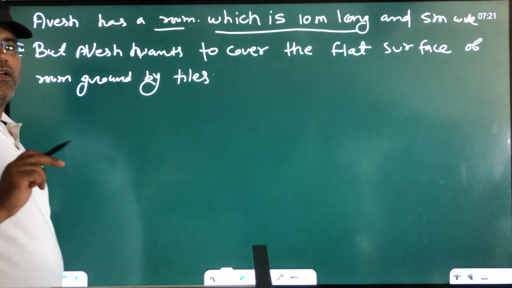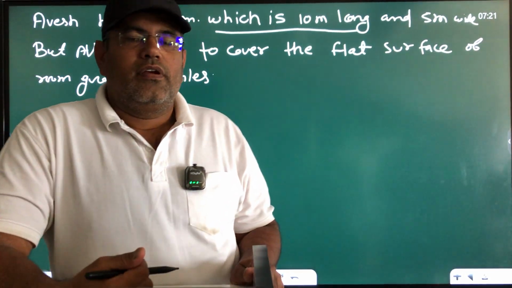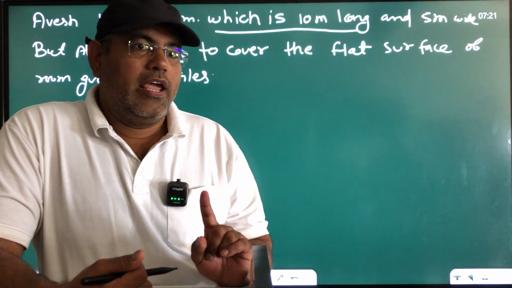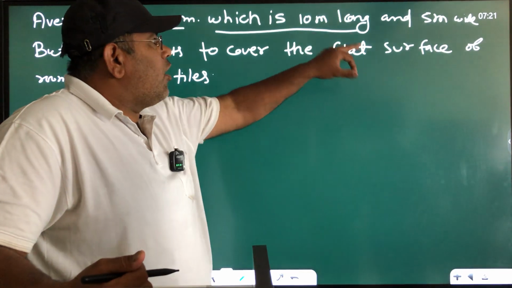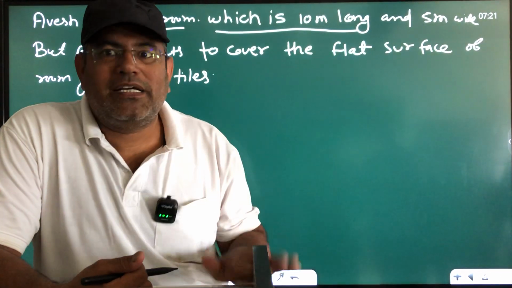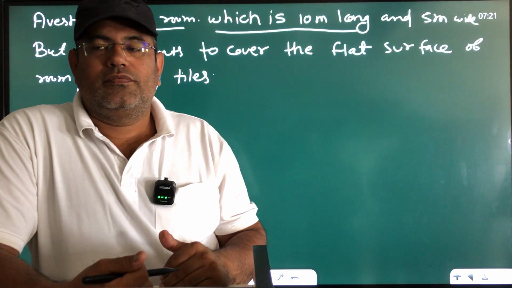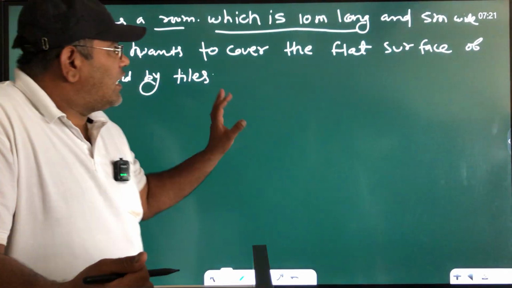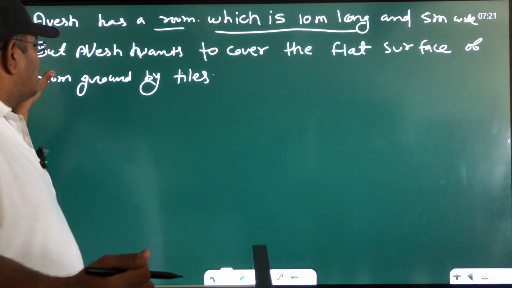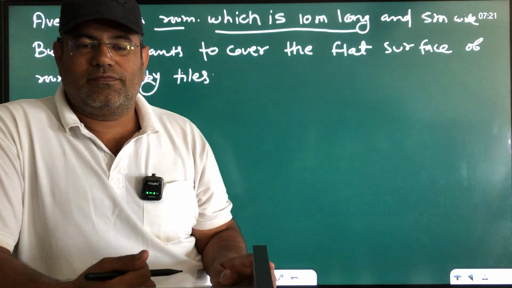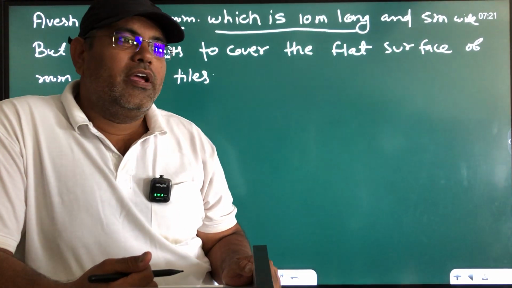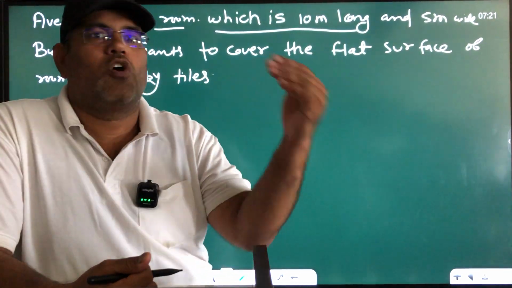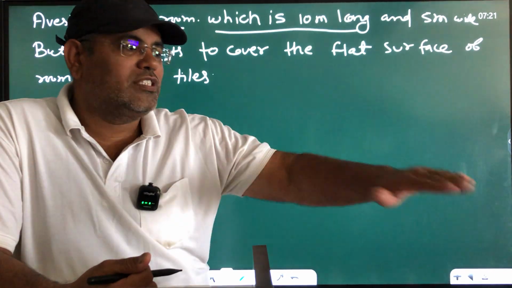Is that clear? Guys, Aves has a room which is 10 meter long and 5 meter wide. But right now, Aves wants to cover the flat surface of the room ground with tiles. Is that clear? So he has to buy the tiles from the shopkeeper to cover the ground surface of the room.